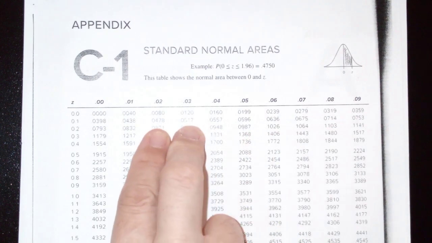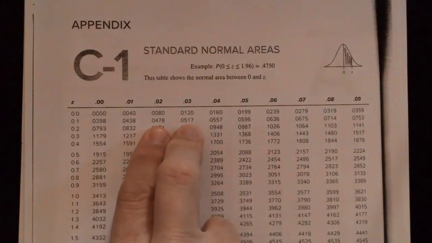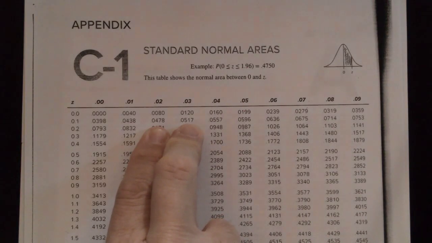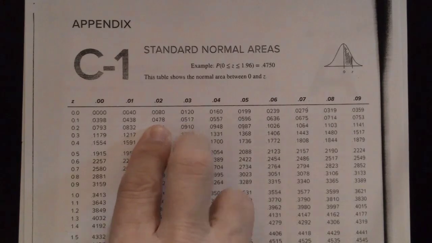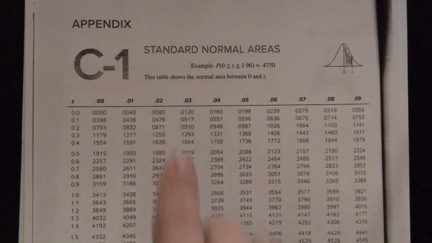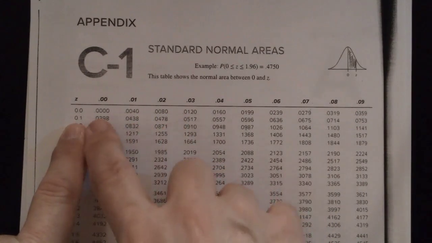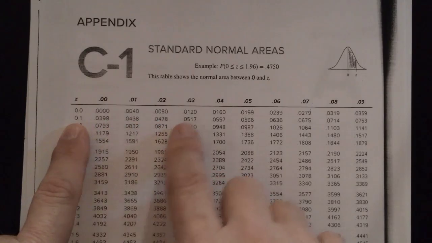I go between 0.0478 and 0.517. 0.05 isn't on here. So I'd have to split the difference here, right? Should it be exactly in the middle between 0.012 and 0.013?